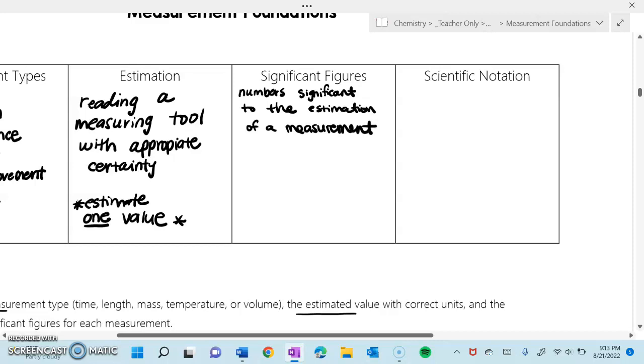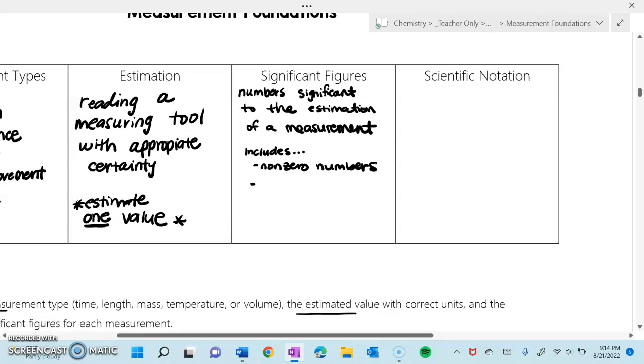So some numbers that are always part of that estimation, let's just make a little list here. That's always going to include non-zero numbers. They're always going to be part of our estimation based on either tick marks or making that one estimate.